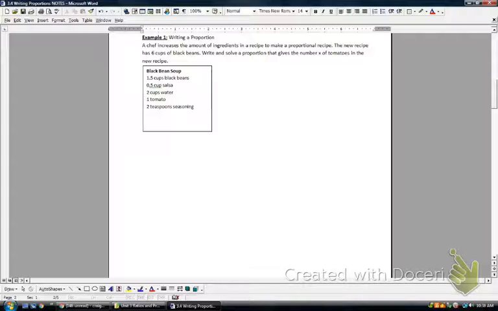Example 1 says, a chef increases the amount of ingredients in a recipe to make a proportional recipe. The new recipe has 6 cups of black beans. Write and solve a proportion that gives the number x of tomatoes in the new recipe. Alright, so the first way that we're going to do this is using the table.